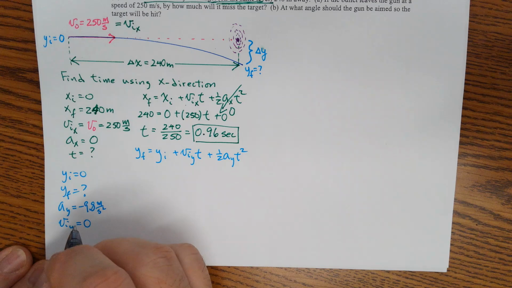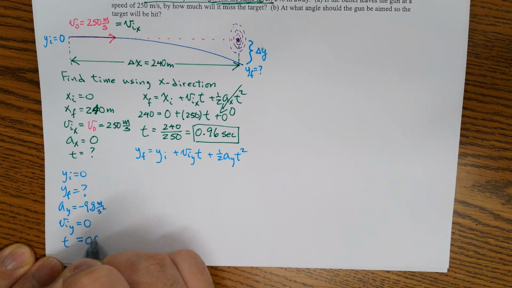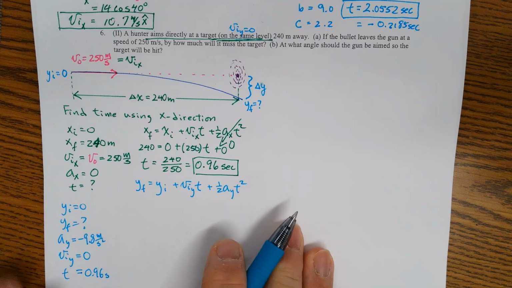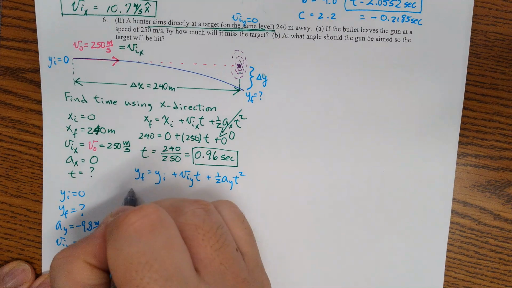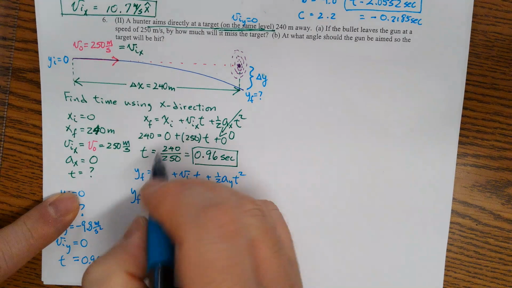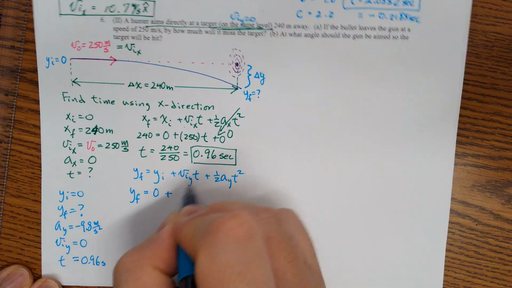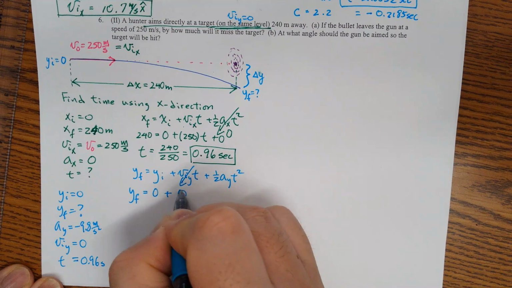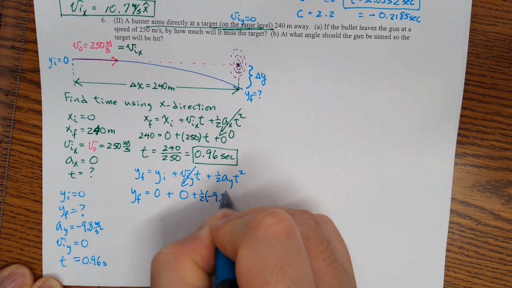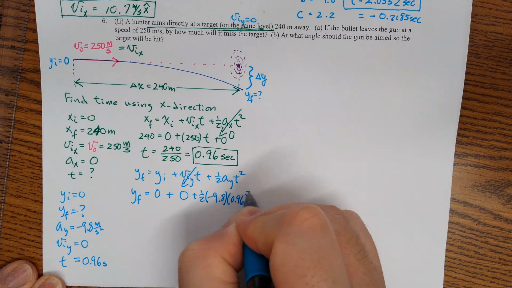And we know time is 0.96 seconds. So we can plug all these values in here. Since we're looking for y final, it is equal to your y initial, 0. Your v_iy is also 0, plus 1/2 times negative 9.8 times 0.96 squared.